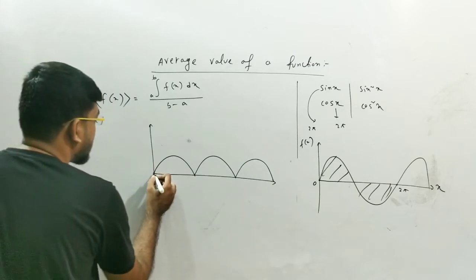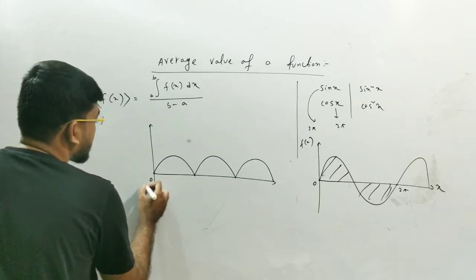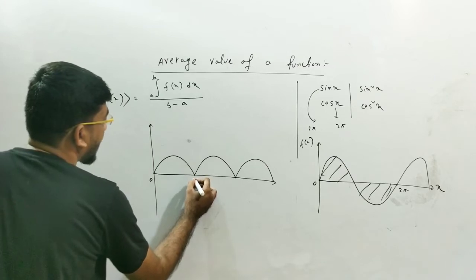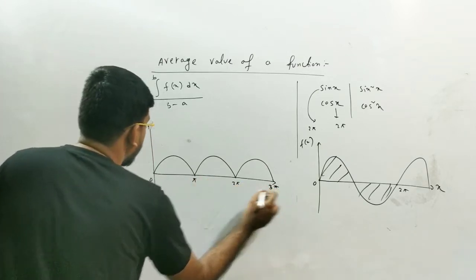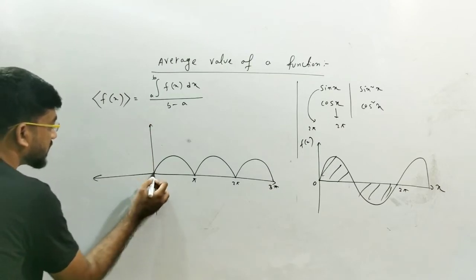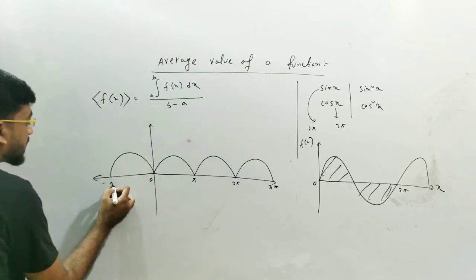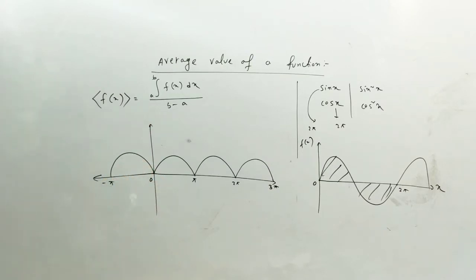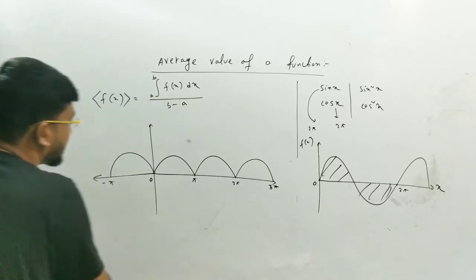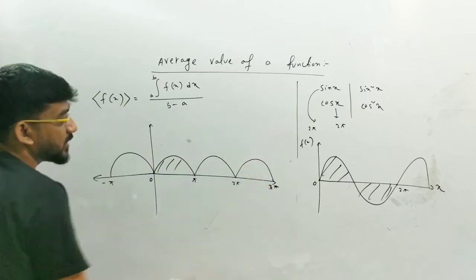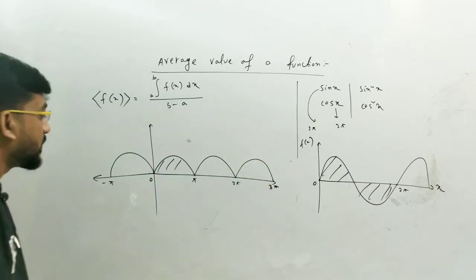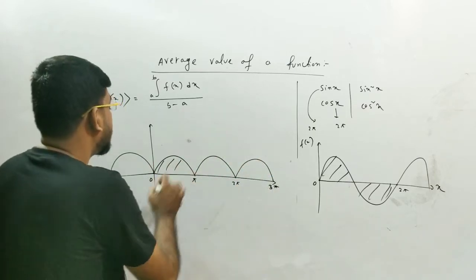This point is 0, and this is pi, this is 2 pi, this is 3 pi, and if you extend in this region, you will get minus pi also. So you can see the period of this function is just pi. The function is repeating after the value of pi, so its period is pi.